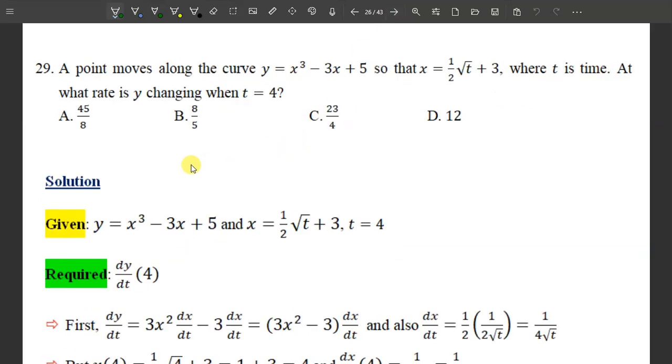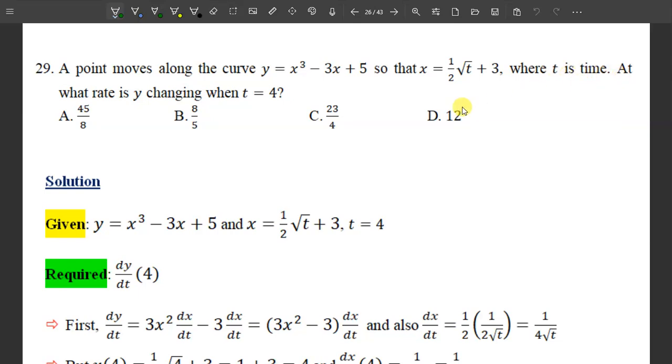This question is related to rate of change of a function. Question number 29 says, a point moves along the curve y is equal to x cubed minus 3x plus 5, so that x is equal to 1 over 2 radical t plus 3, where t is time.